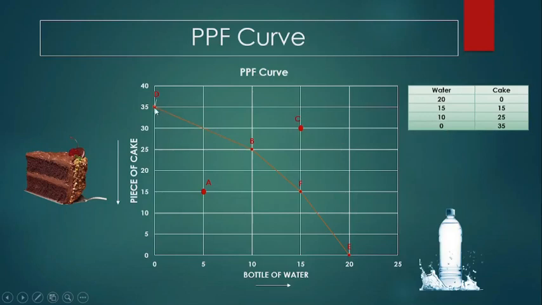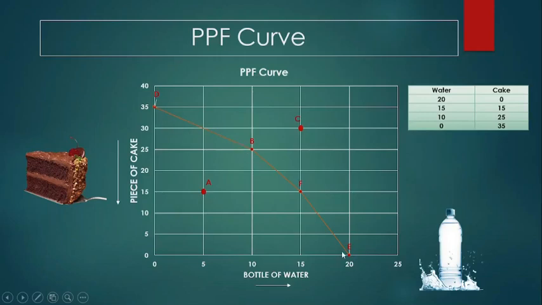So in the curve we can see that there are many points D, B, F, E, A and C. D, B, F and E are the efficient points, A is the inefficient point, and C is the unattainable point. C is unattainable because the resources are not available that much, and A is an inefficient point because the producer is not utilizing all of his resources.